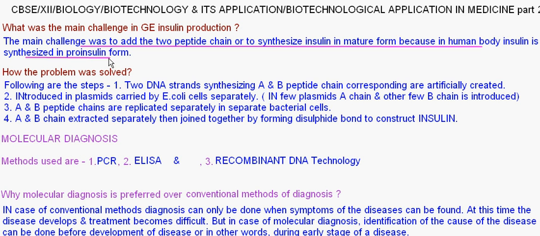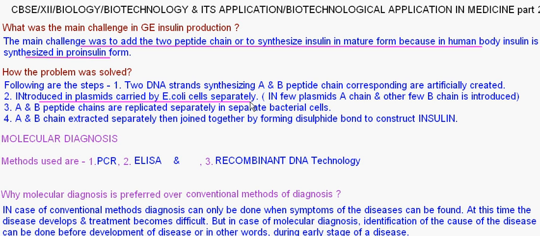Then introducing those two strands separately in E. coli cells carrying plasmids. I repeat, A chain and B chain are introduced in the plasmids present in E. coli cells separately.